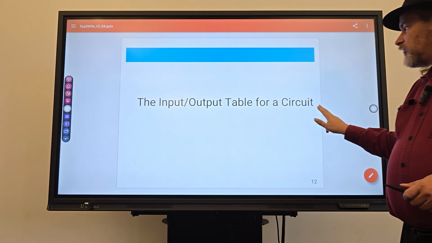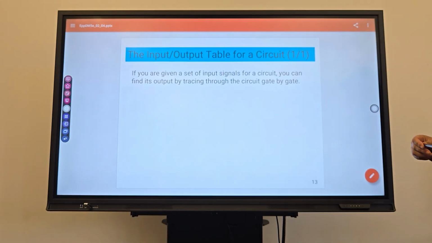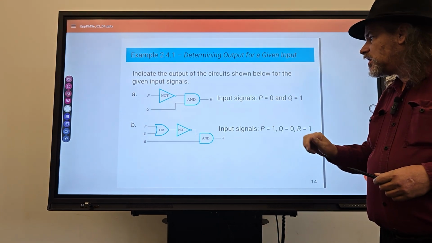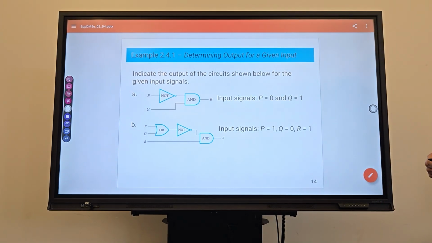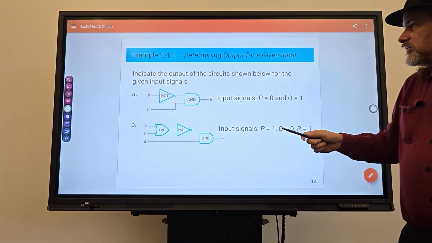The input-output table for a circuit. If you're given a set of input signals for a circuit, you can find its output by tracing through the circuit gate by gate. For example, this circuit.